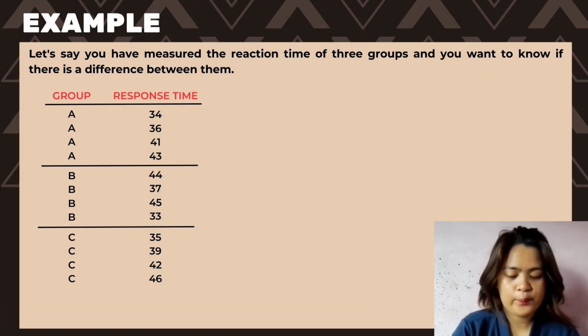Next slide po. For example, let's say we have to measure the reaction time of the three groups. So, we have group A, group B, and group C. And we will find out what the differences of these groups are in terms of their reaction time.